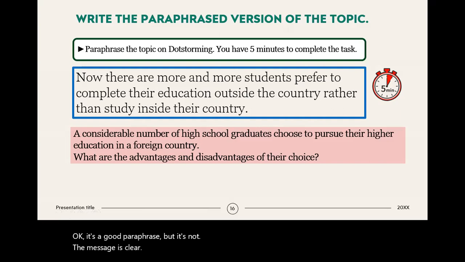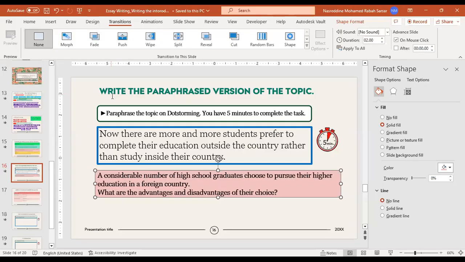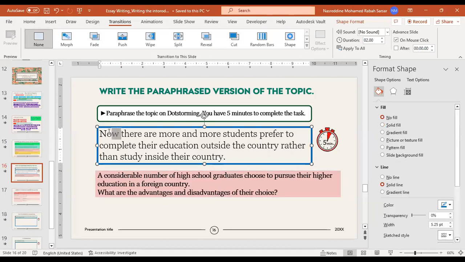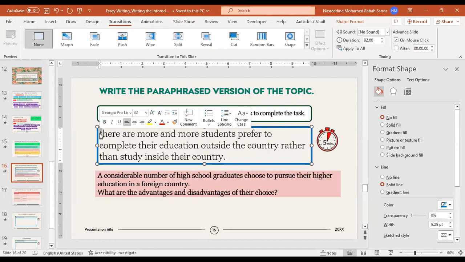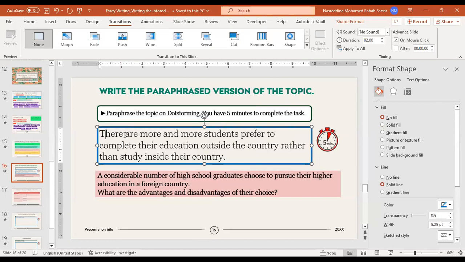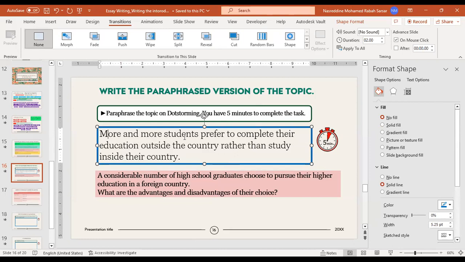Now, I don't know why the student included "now". I cannot find it here, so I will simply delete this one. And there is no need for "there are". We can start like this: more and more students prefer to complete.